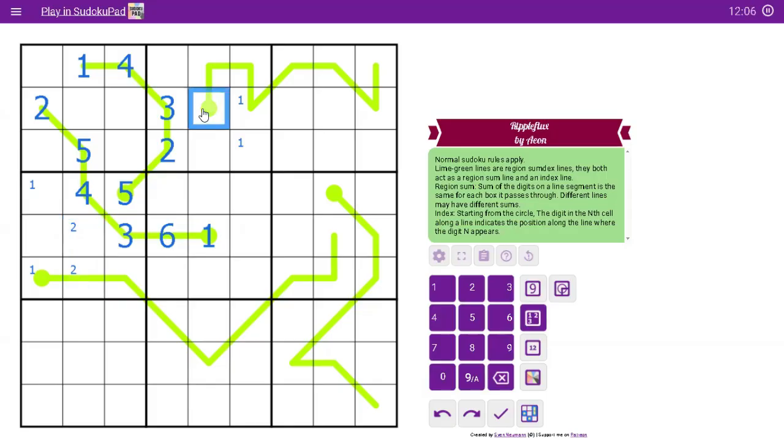This cell is quite restricted because whatever digit is in this cell is telling us where do we put the 1 on the line. Well, the 1 can't go here, obviously, by Sudoku. And it can't go in any of these positions. Right?